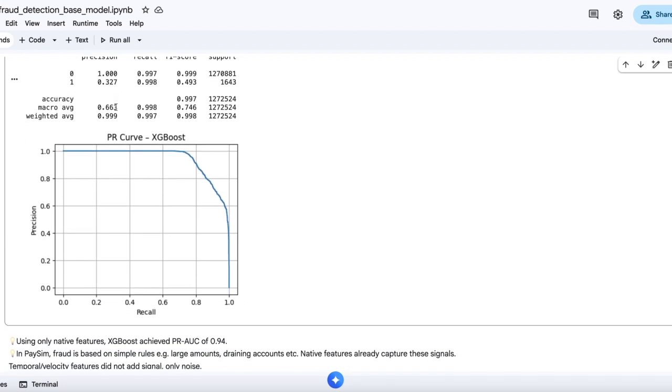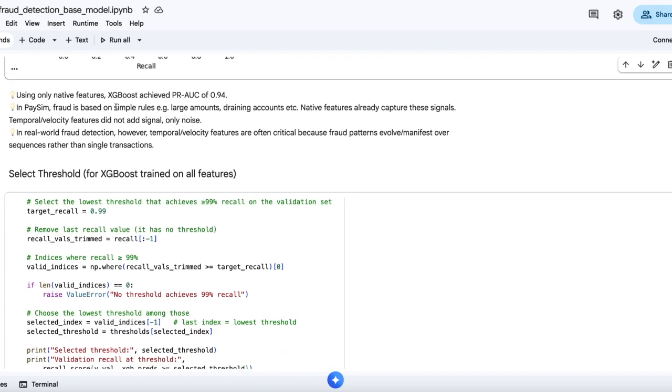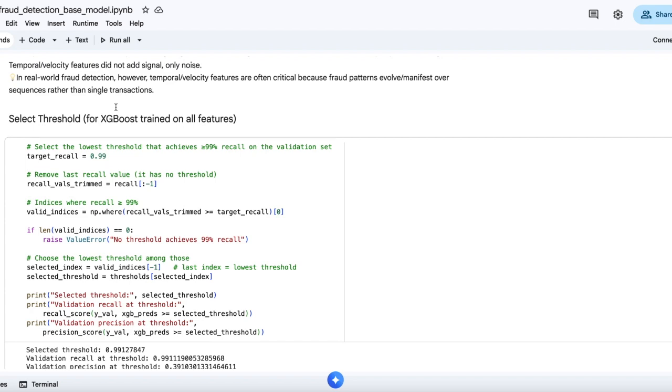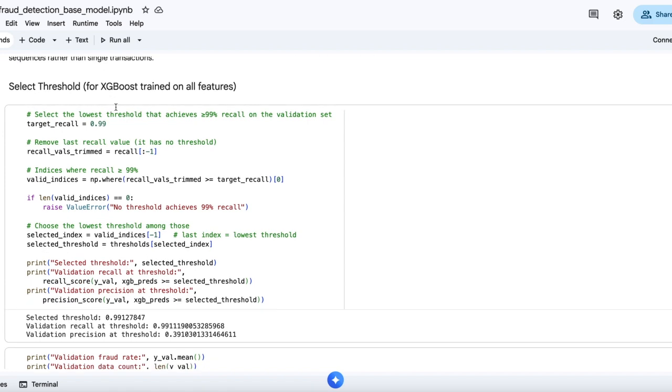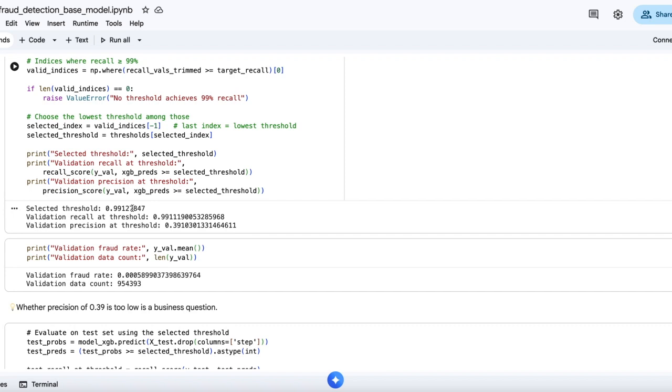Now I'm going to go back to my XGBoost model trained on all features and select the lowest threshold that achieves 99% recall on the validation set. And that gives us a probability score of about 0.9913.